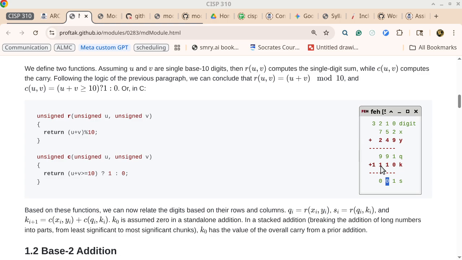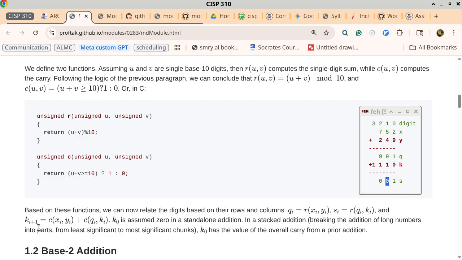So now that we know that there are two sources to a carry, that's why the equation to compute k of i plus 1 looks a little bit more complex. So k of i plus 1, and i can be 0 and up, is c of xi, yi plus c of qi, ki.